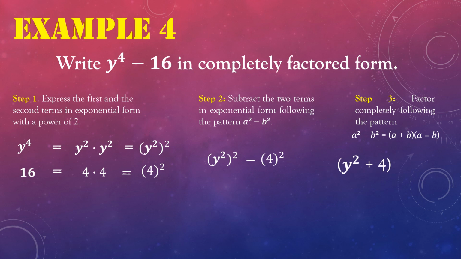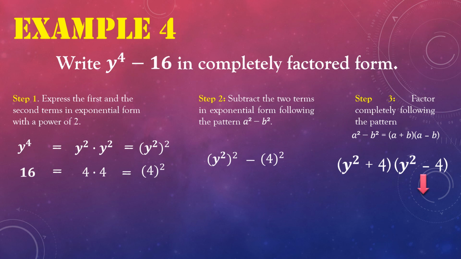So the factors are y squared for the first term plus 4 for the second term, times y squared again for the first term minus 4 for the second term. But we can also factor out this expression y squared minus 4, because y squared is a perfect square and 4 is also a perfect square.